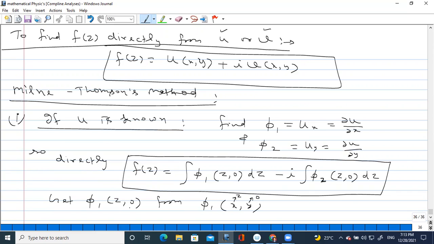Then you will get phi1(z,0). Similarly, phi2(z,0) you can find, because phi2 is also a function of x,y. In place of x you put z, in place of y you put 0. Then you will get phi2(z,0). Then put in this equation. This is suppose equation number 1. In this equation you can put directly and get f(z). If v is asked, the multiplication of this i, that will be v. So directly also you can do. Note down this.